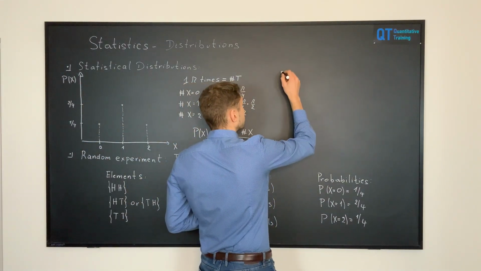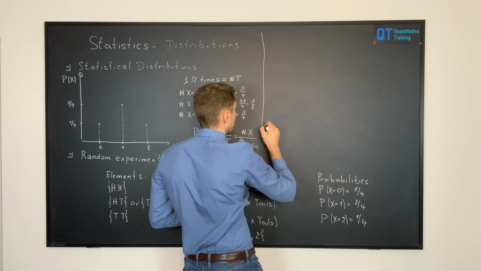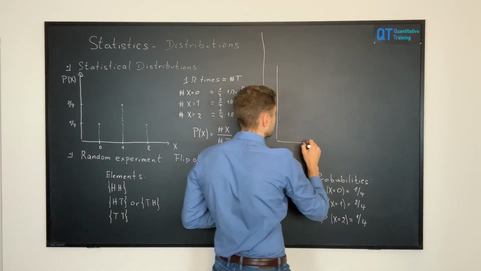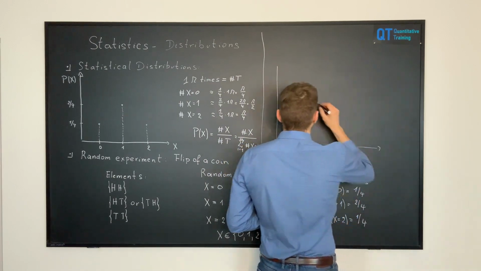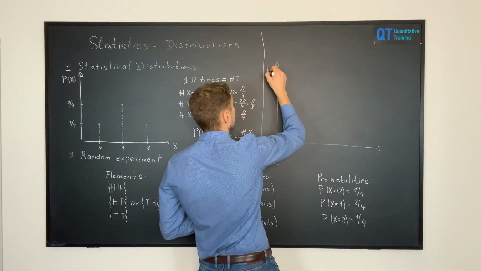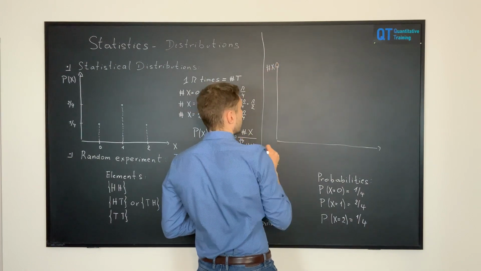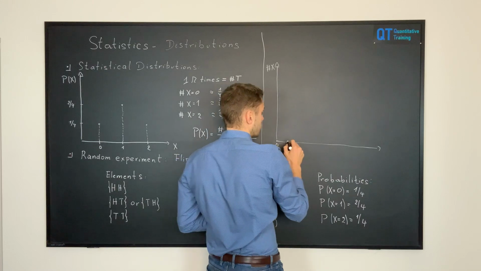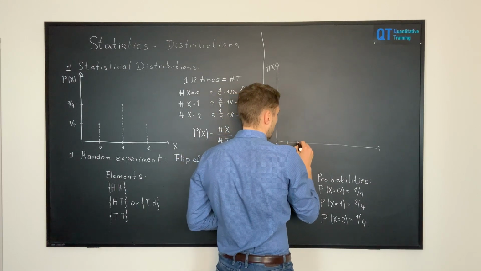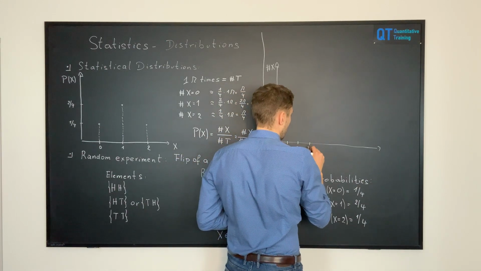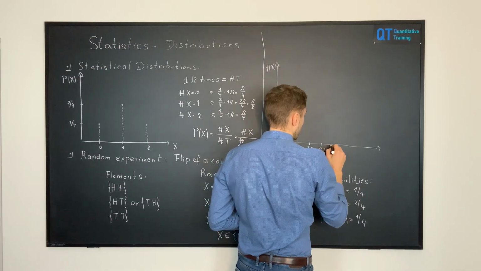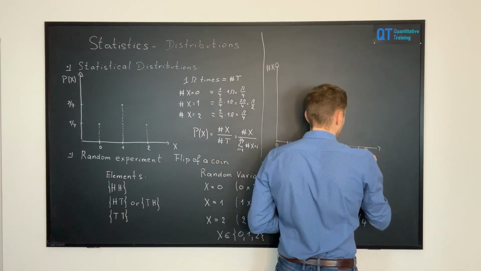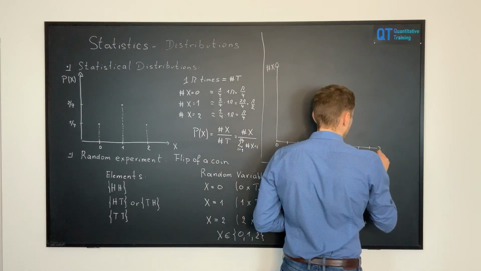Again we have two axes, a y-axis and an x-axis. This time we would have the number of people with a certain age. And for age we would go from 0, so unborn children, up to, let's say, 10, 20, 30, 40, 50, 60, 70, up to 80.